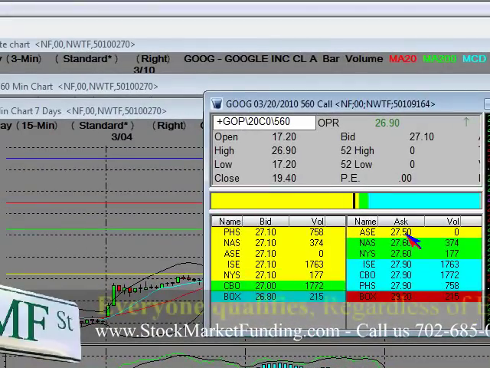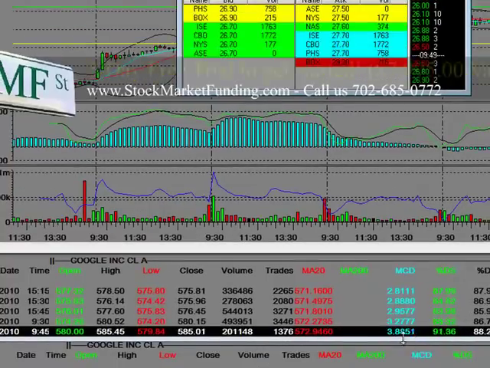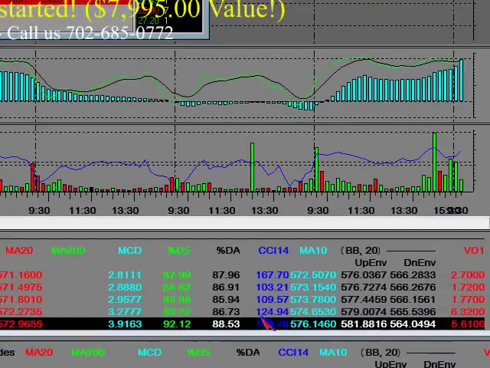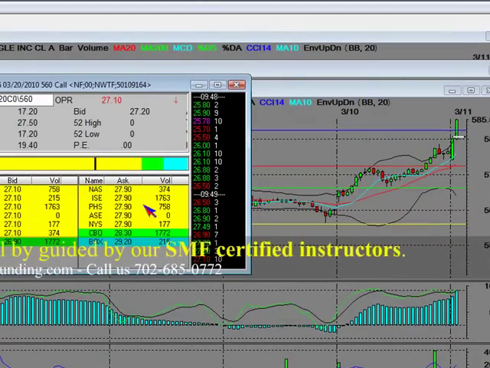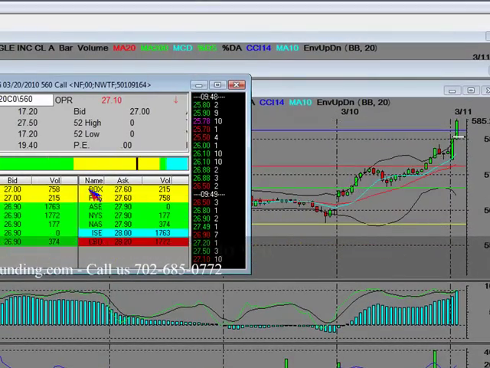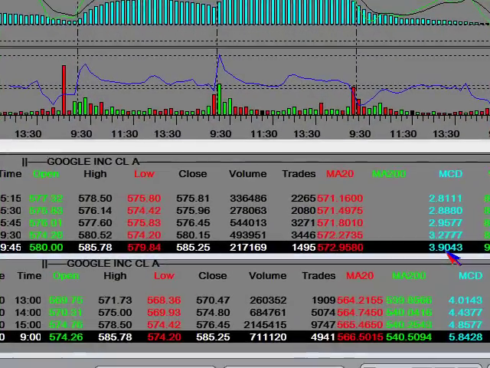Whenever I exit an options trade, I use this MACD, and I use that CCI, and I use all of my little indicators right here. We're going to sell some more because here's 3.9 in this next 15-minute bar. It's greater than the previous one.